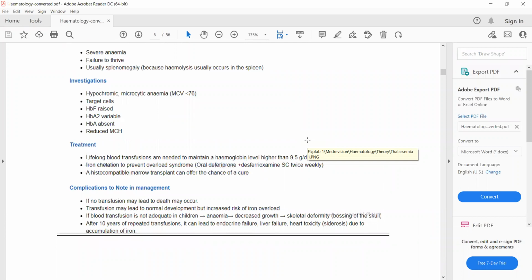So microcytic anemia with MCV less than 76, increased iron, increased ferritin, and decreased TIBC is thalassemia. While in anemia of chronic disease, serum iron is decreased.